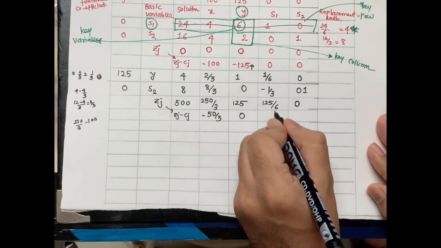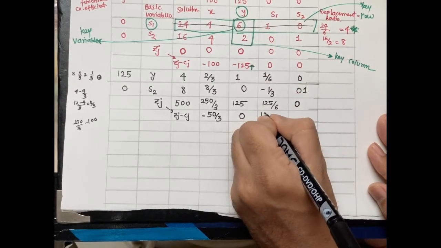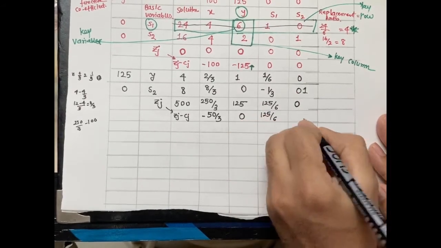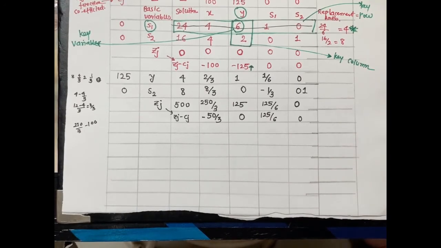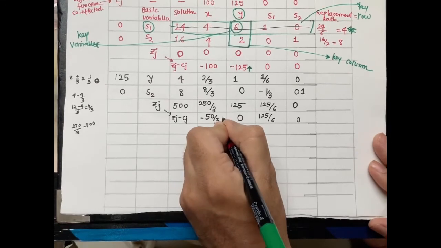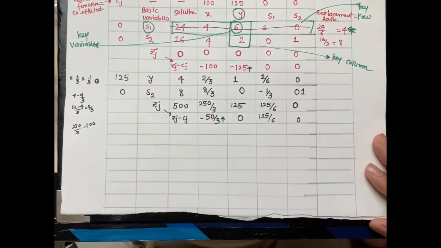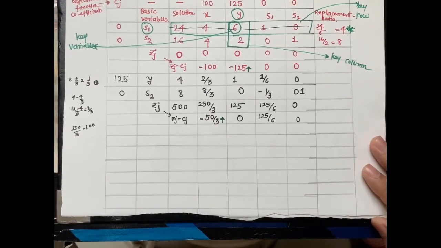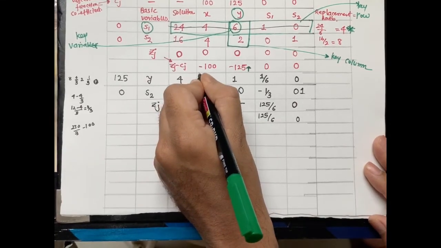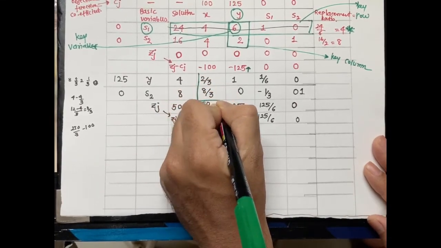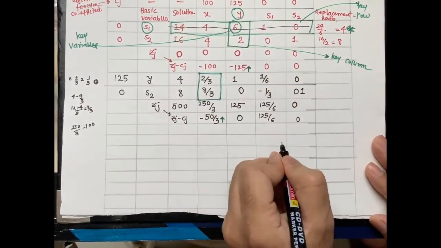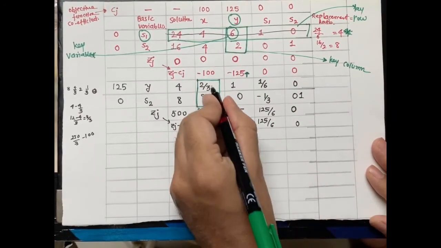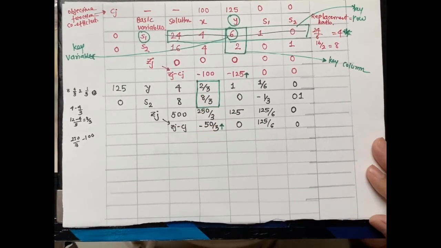Here I am getting 125 by 6 minus 0, 125 by 6, and 0 minus 0 is 0. Again, I require to identify the lowest most value. Here I am getting minus 50 by 3 as the lowest most value. So the corresponding column will become my key column, and it also indicates that x will be my incoming variable. Now I have to find the key row.